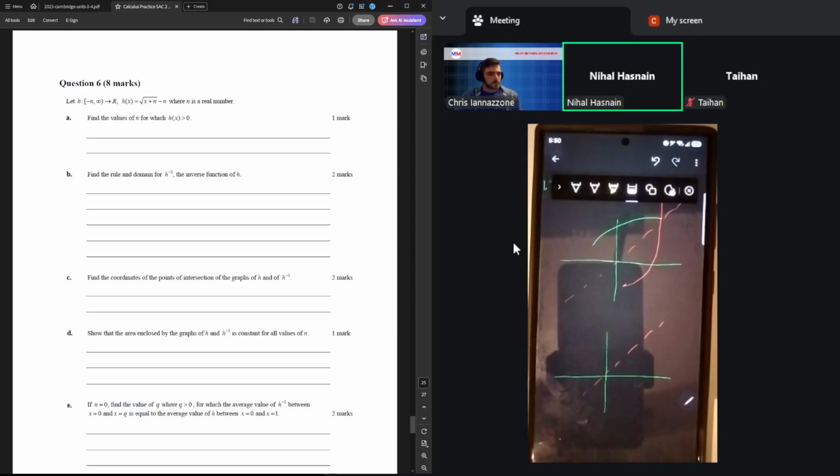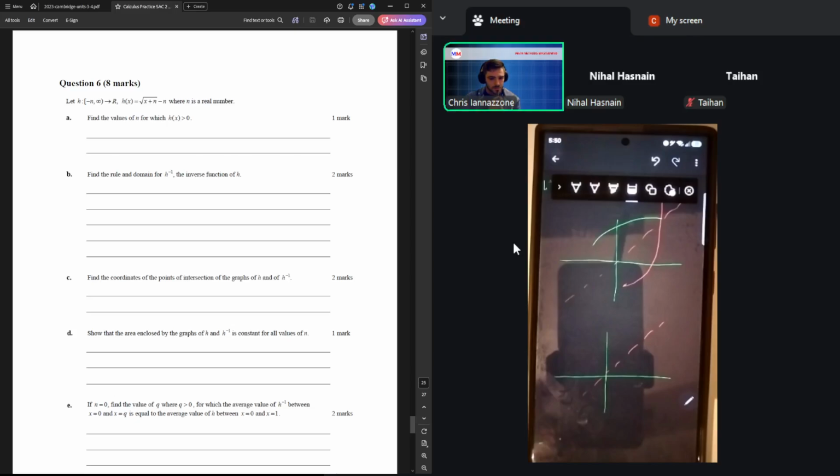Okay, so on my class, that's, yeah, it's probably a bit hard to see. So that's going to be y equals x. Yeah.